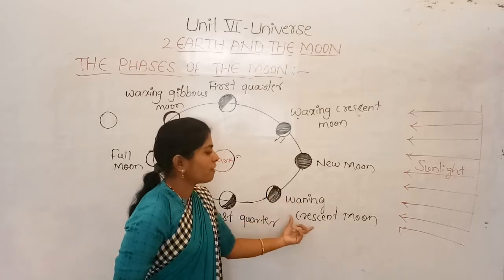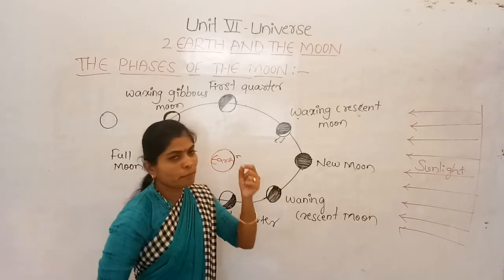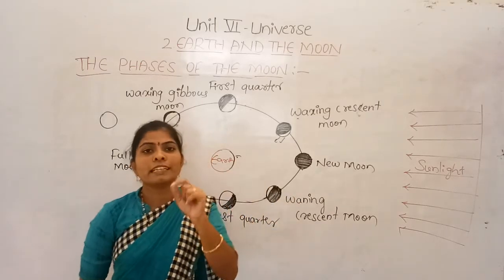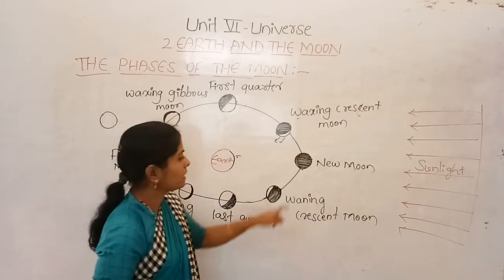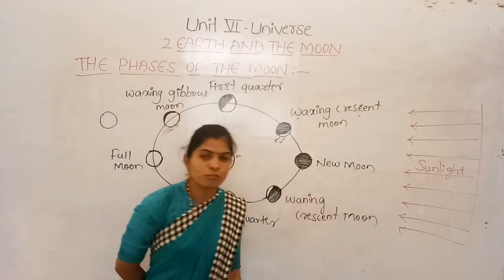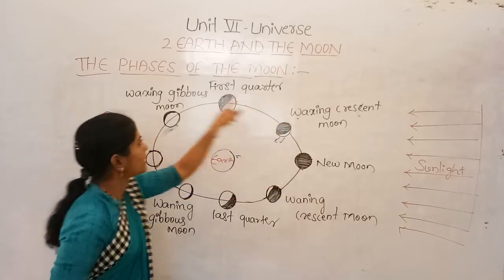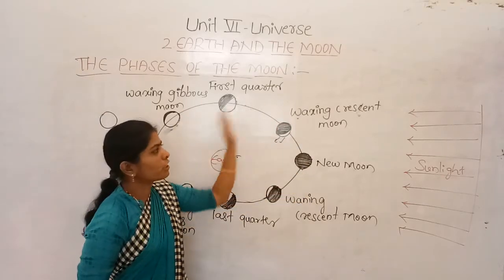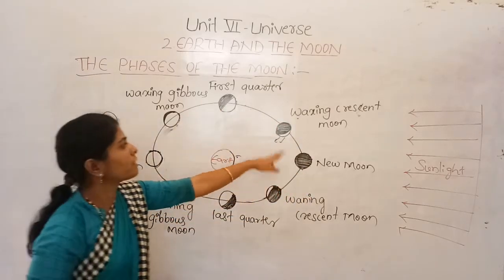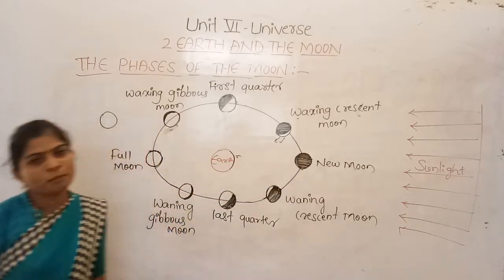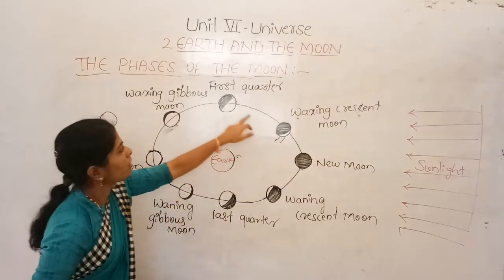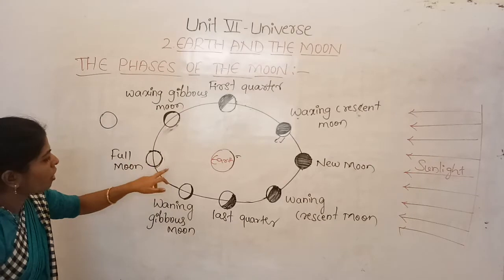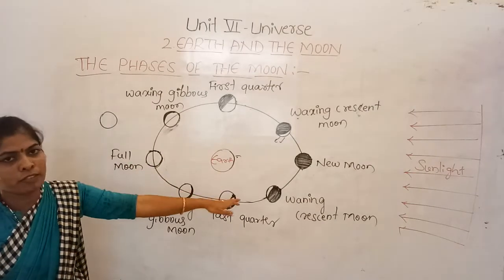And later the waning crescent moon. Here also only a part of the lit surface of the moon we can see. And lastly, again it reaches the new moon. The complete duration of time it takes to complete this cycle is called the lunar month. And these are the different phases, or the different shades, of the moon we can see.